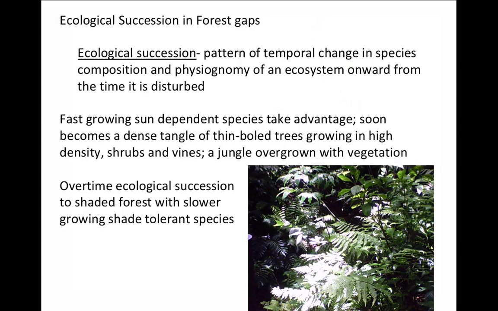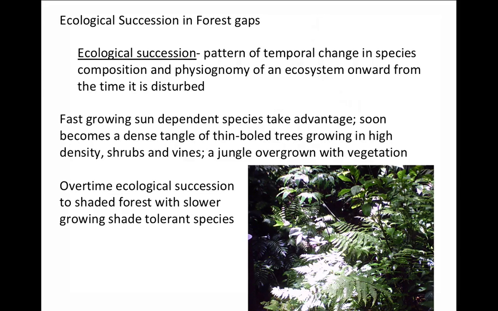It's a very distinctive leaf. So the Cecropia tree is one to take advantage of a light gap because it is a very rapid growing plant. And so given that opportunity, it will grow. But over time, it doesn't have a competitive advantage.